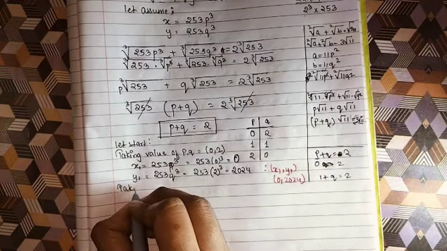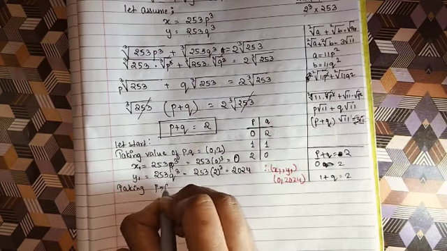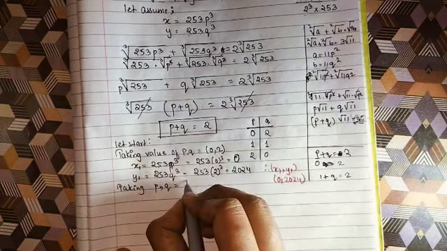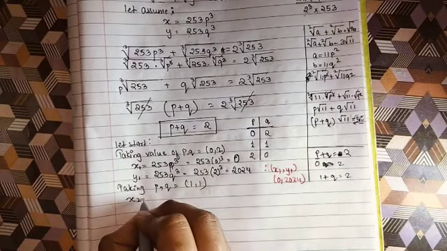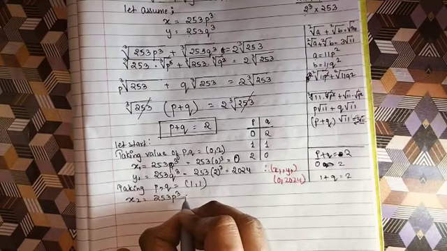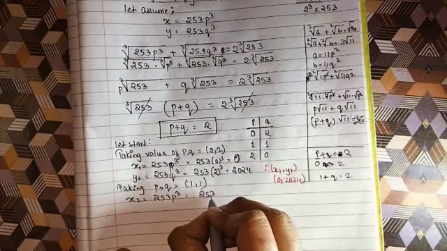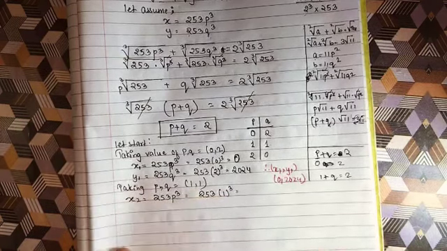Now taking p, q equal to 1, 1. So x2 will be 253 p cube. That will be 253, since 1 cube is always 1.